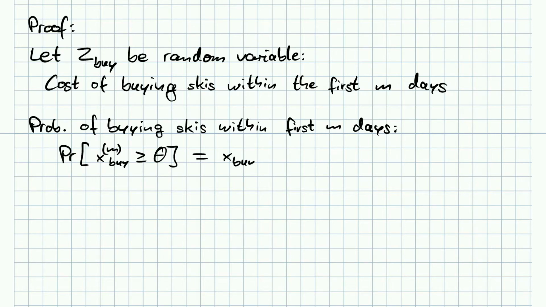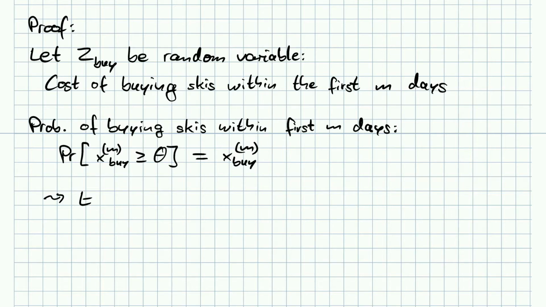So this will be exactly x buy m. Why that? Because theta was drawn from a uniform distribution. So we here have this is just something deterministic. This was coming from our deterministic algorithm. And we now just have the probability that theta, which is a uniformly drawn random variable, is at most something, and the probability for this is exactly this something.